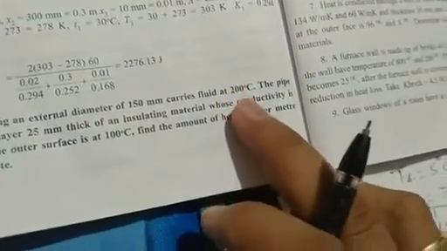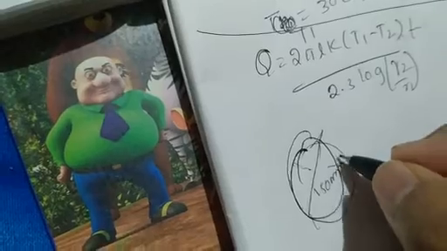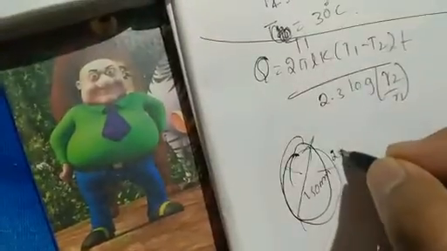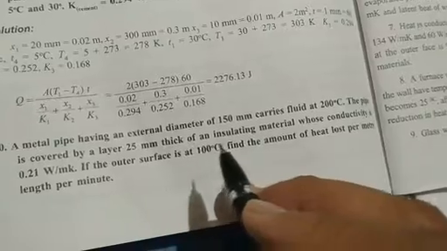Through the inside of the pipe, fluid is coming at 200 degrees Celsius. The pipe is covered by a layer of 25 mm thick.